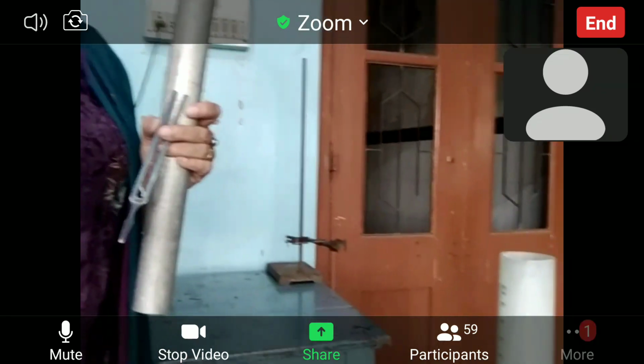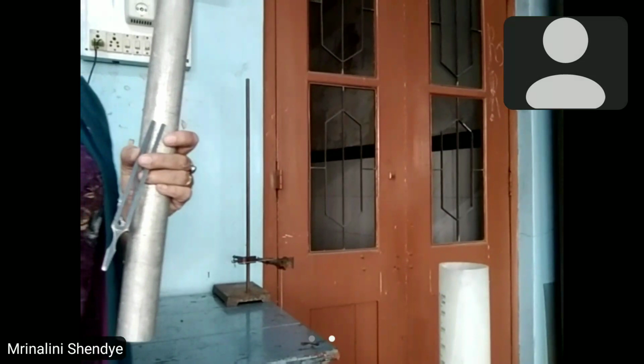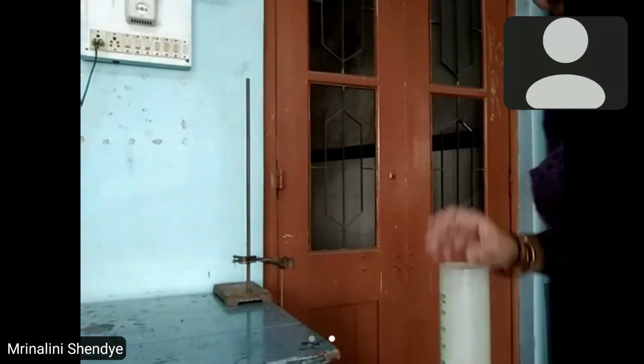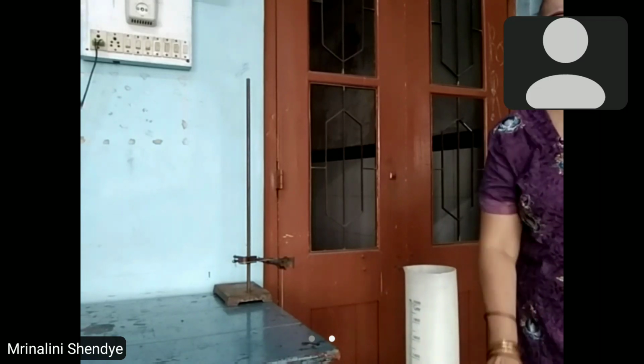I will take a jar. Look at the apparatus. I am trying my level best to show you the things. So this is a jar. It is filled up to this level with water.